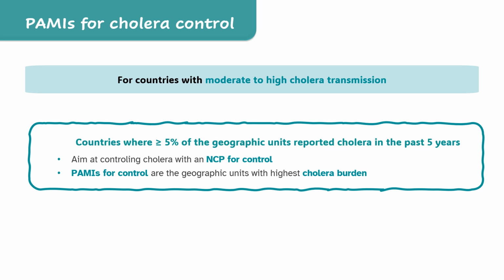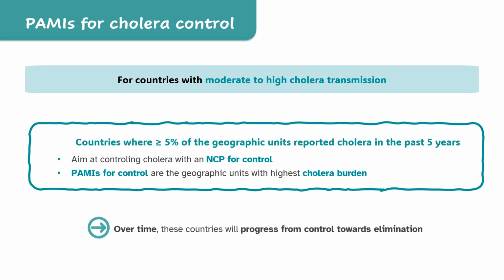In these countries, strategies against cholera should aim at controlling cholera with an NCP for cholera control. In these countries, PAMI are the geographic units that have had the highest cholera burden in recent years. The focus to identify PAMI for control is on the cholera burden. Over time, as progress is achieved to control cholera, these countries will progress towards an elimination objective.